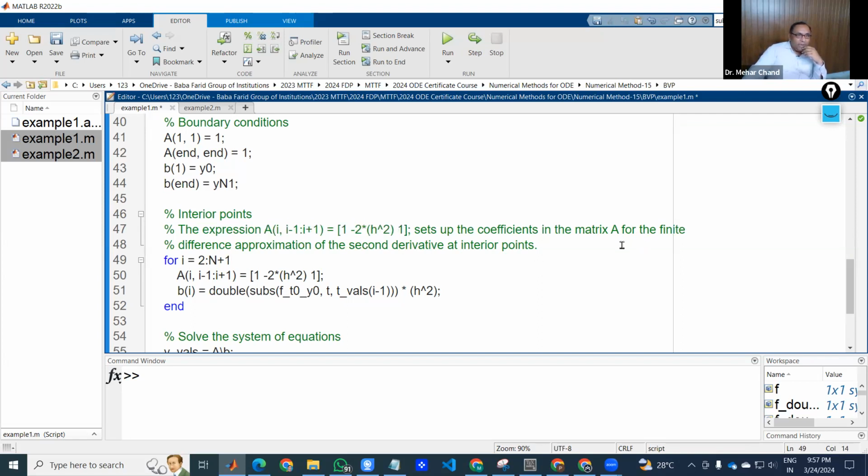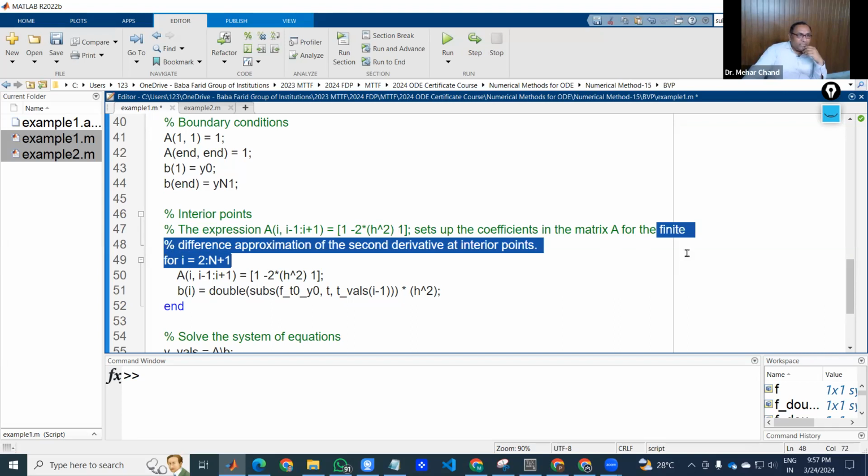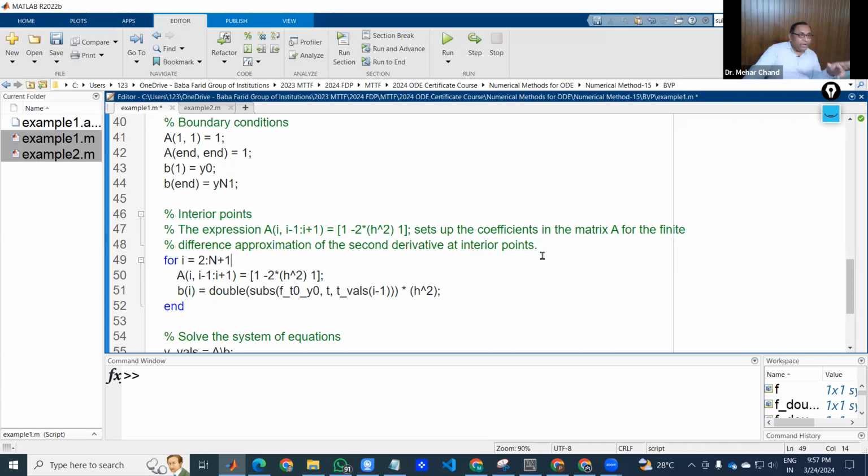Just apply the finite difference approximation of the second order derivative at the interior points. As we do in the finite difference method, the same approach needs to be applied here. So these are the corresponding interior points, and then these are the B values, which we need to compute.